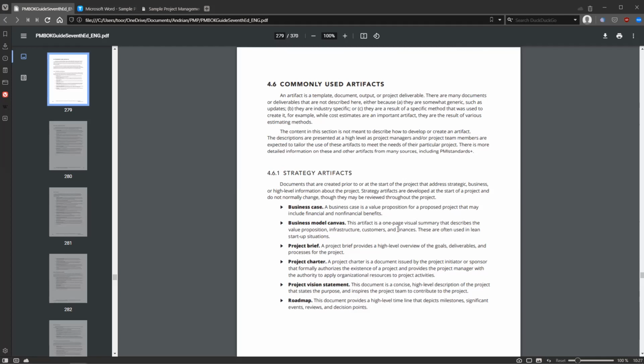And in the end, it's a very good idea and actually necessary as per PMBOK for the project sponsor or initiator to sign off on this project charter. So the project charter is basically something that gives life to the project.